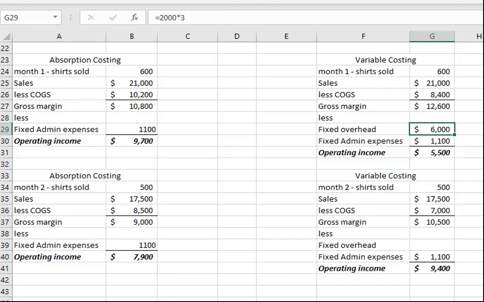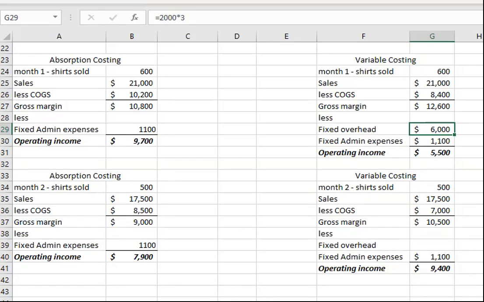So you can see that in using variable costing, your income is not going to be as reliable as it would be with absorption costing. Now, one could say, well, that's no reason to use absorption costing just to make it more predictable. But the reason you would use absorption costing is because you're recognizing the expense when the revenue occurs.